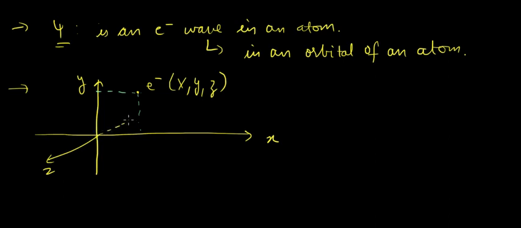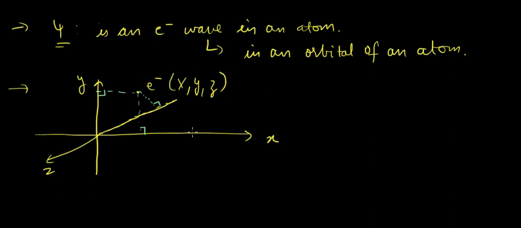I'm just representing the z-axis with a dotted line. Let's make a full line here. Drawing perpendiculars on all the axes will determine the coordinates, or the position, in Cartesian form.